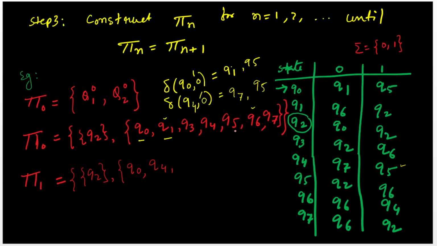Now we have to check Q5. Look, Q0 and Q5: Q5 goes to Q2, which is in another class. So Q5 will not come with the set Q0 and Q4. Now we have to check Q6.